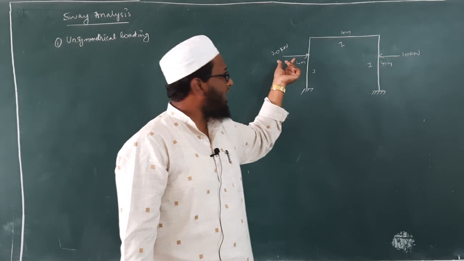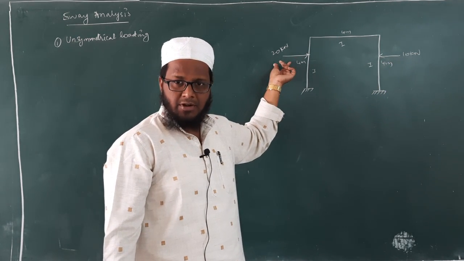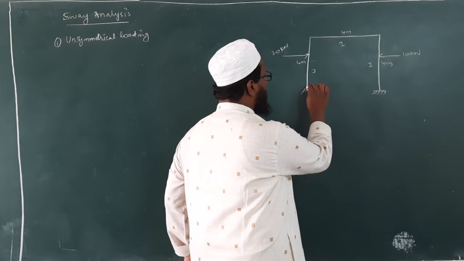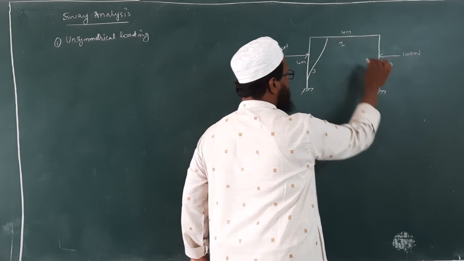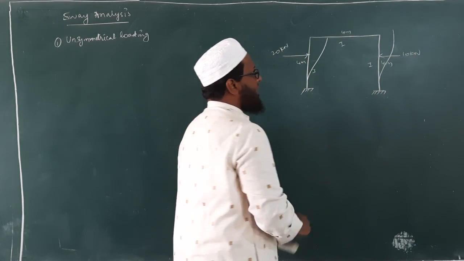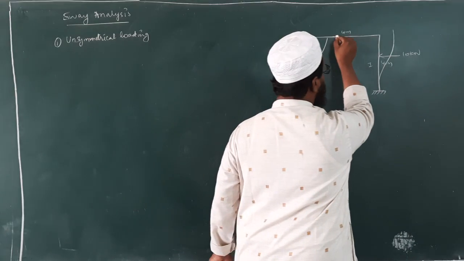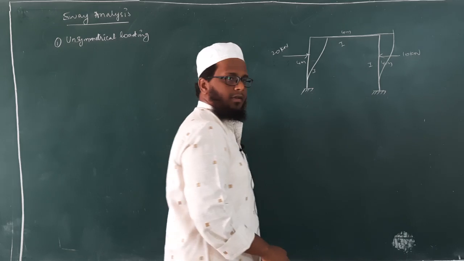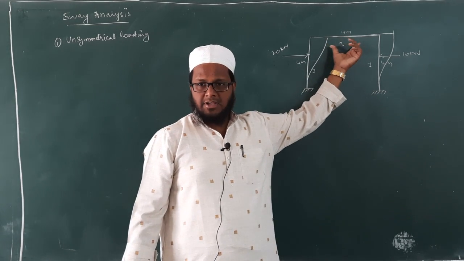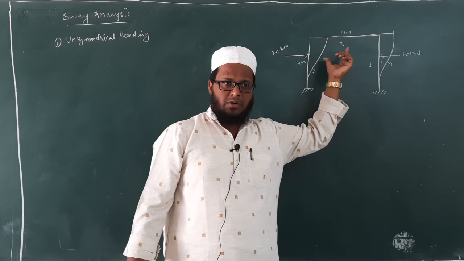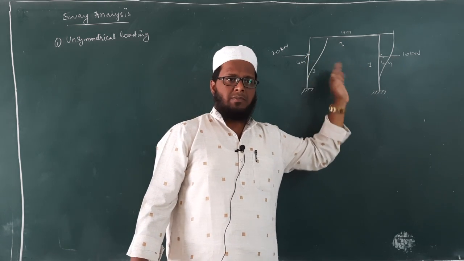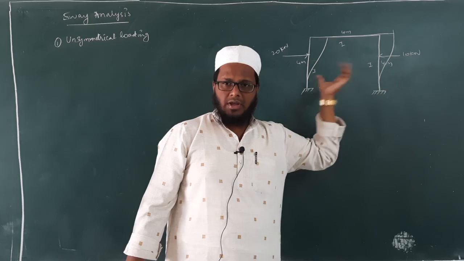So because of this extra 10 kilonewton, what will happen? The entire frame will try to sway in this direction, isn't it? All of you agree with this? This is how the frame will sway. Okay, right? So this is nothing but your unsymmetrical loading, and because of the unsymmetrical loading the frame will experience sway. Okay, sway means moving from one point to another point.